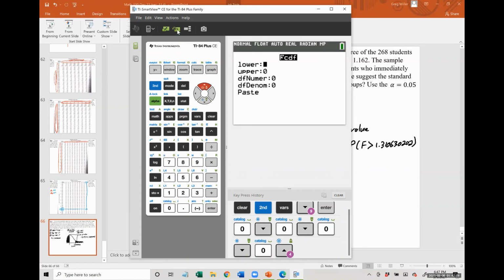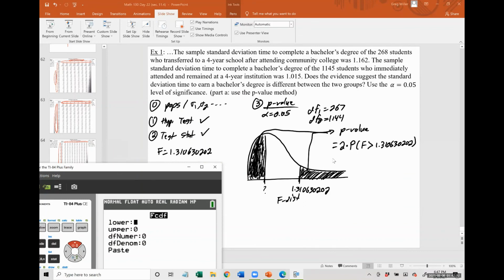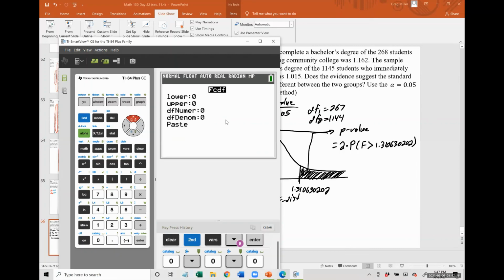All right. Now, again, the way we're going to type this in is we're going to ignore the left area. We're going to type in the right area, get the answer, and then multiply it by 2. So let me cover up the left one. You've got to tell the calculator the lower and the upper. The lower is the left edge of the area, which is this 1.31 number, 1.3106300202. Then the upper is the right edge, but this right edge goes on forever to infinity.